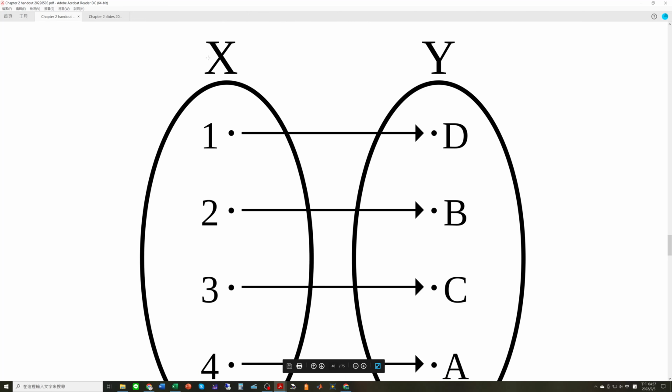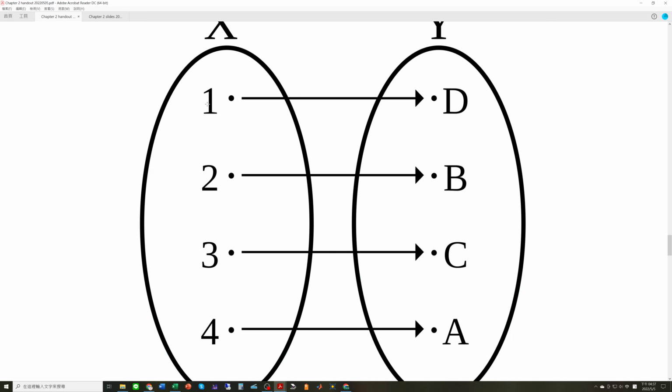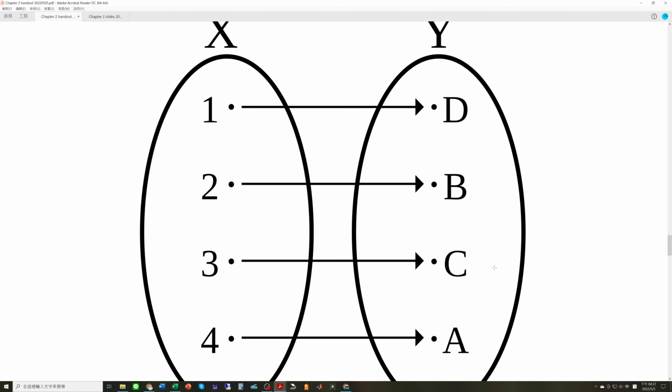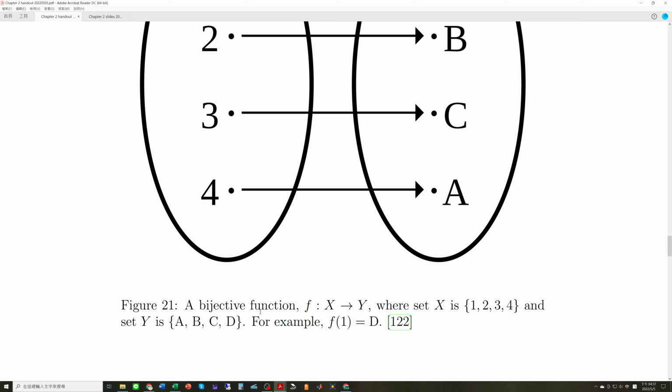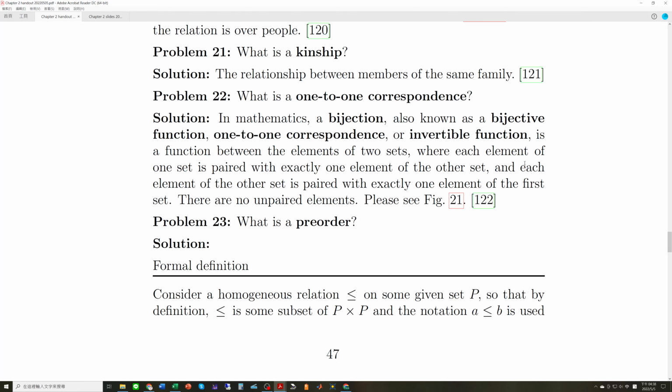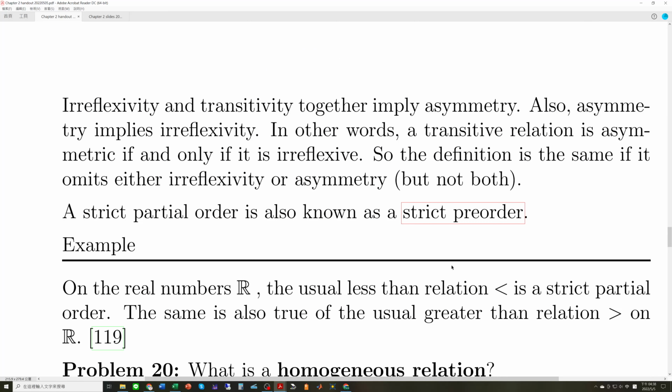You can see that the set X has 4 elements, 1, 2, 3, 4, and the set Y also has 4 elements, d, b, c, a. For example, f of 1 is equal to d. Similarly, f of 2 is equal to b, f of 3 is equal to c, and f of 4 is equal to a. So this is a one-to-one correspondence.